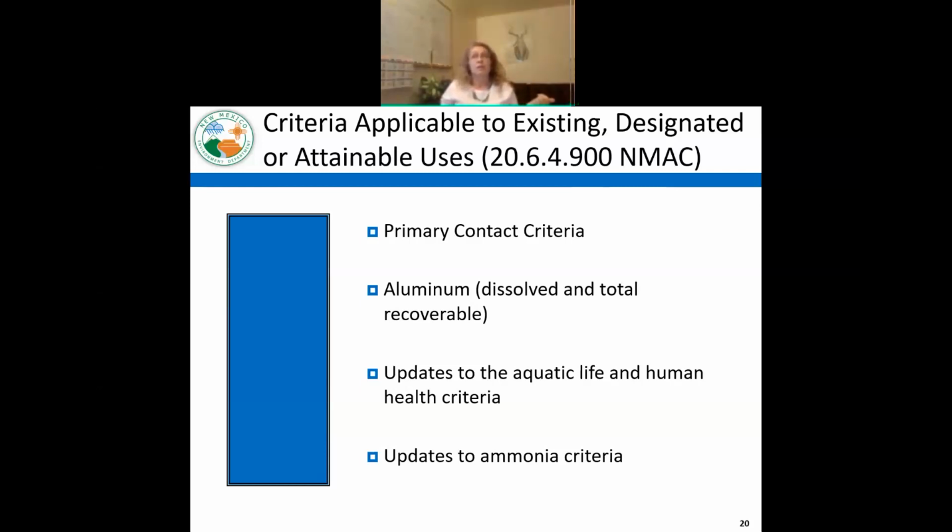Additionally, the department is clarifying language for aluminum criteria. This includes adding language clarifying the pH range to which the acute and chronic aquatic life hardness-based criteria apply, reestablishing the acute and chronic aquatic life criteria for dissolved aluminum that is outside of that acceptable pH range for the hardness-based criteria.